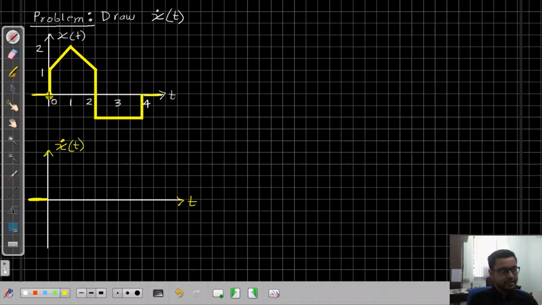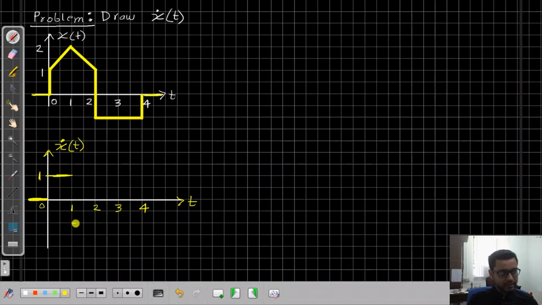Now within the region from 0 to 1, the signal increases at a slope of 1, so the derivative here will be constant and equal to 1. Then from time 1 to time 2, the signal decreases with a slope of -1.